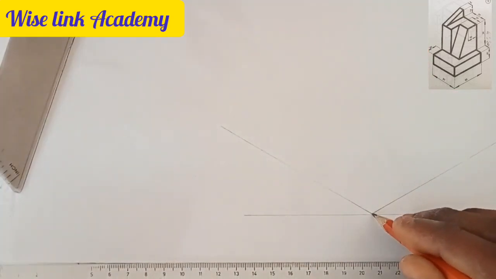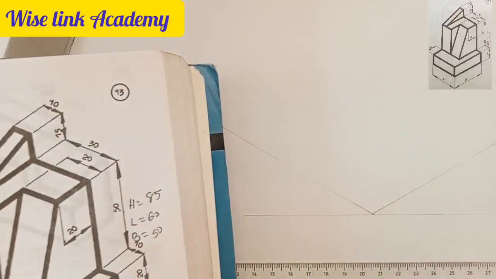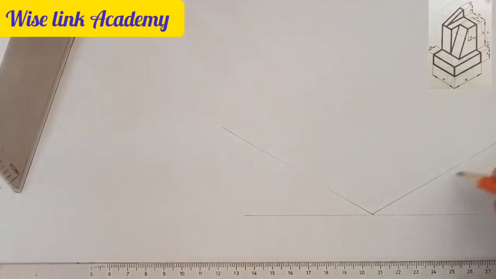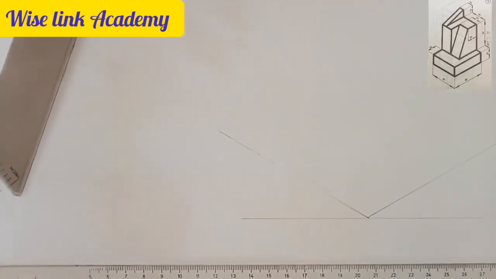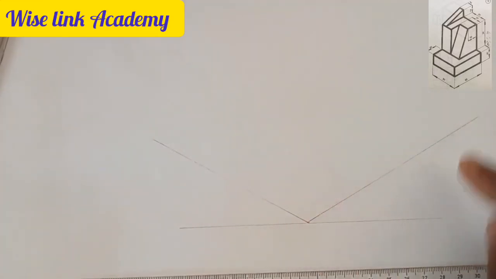As we said earlier, from here to here is my length. Length is 60, so I'll measure 60 from here to here. Let me show you what I'm doing. Let me measure 60 with my meter rule.